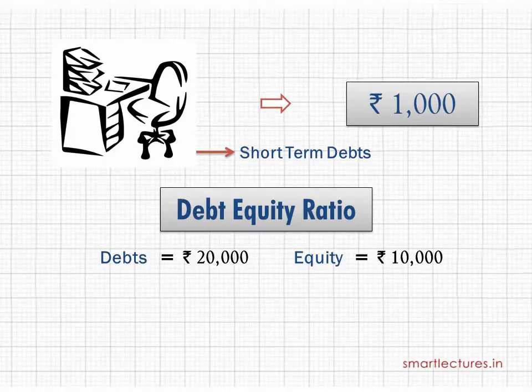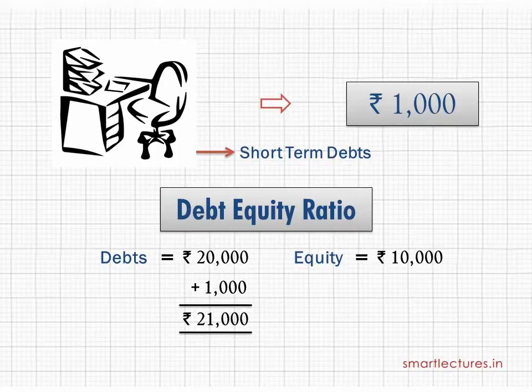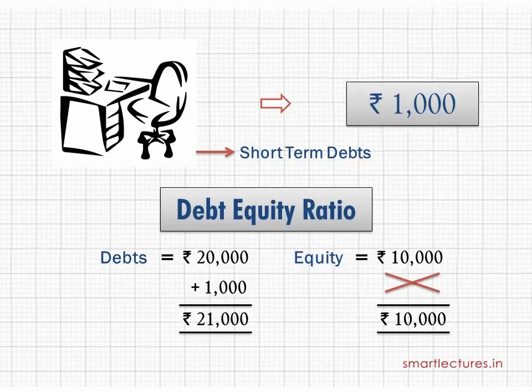If the furniture is purchased on credit, then what will happen? The company has created long-term debt of rupees 1,000. So debts will become 21,000, but this thing won't affect the equity, means equity will remain the same, rupees 10,000.